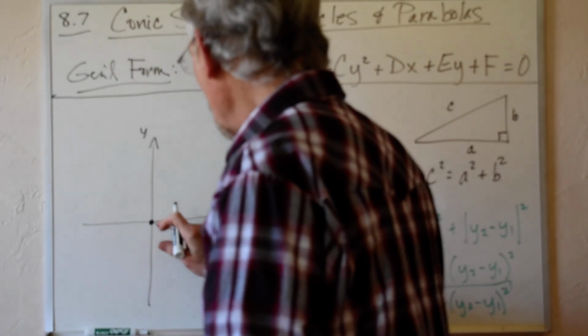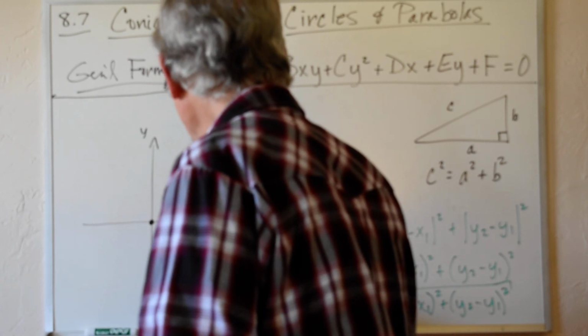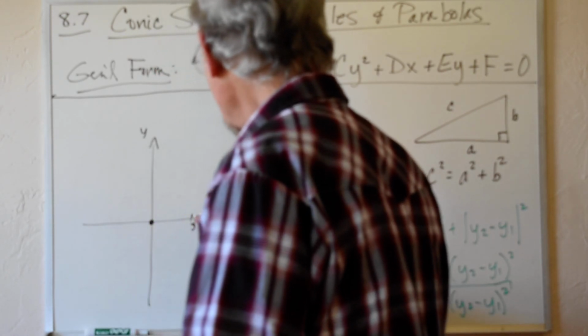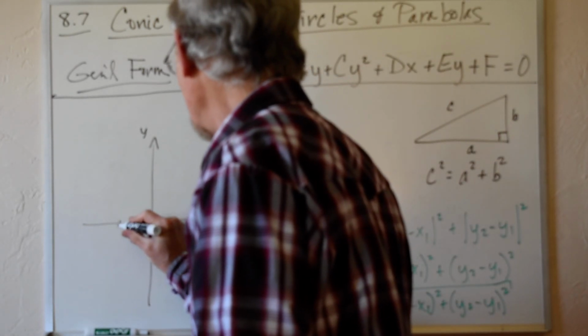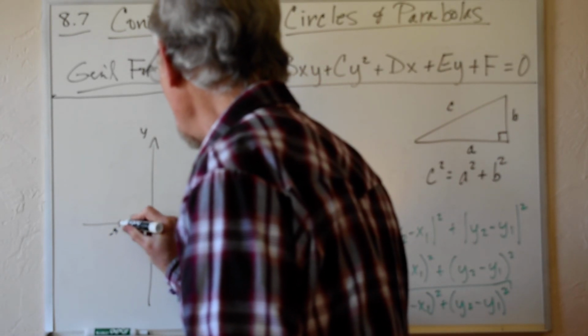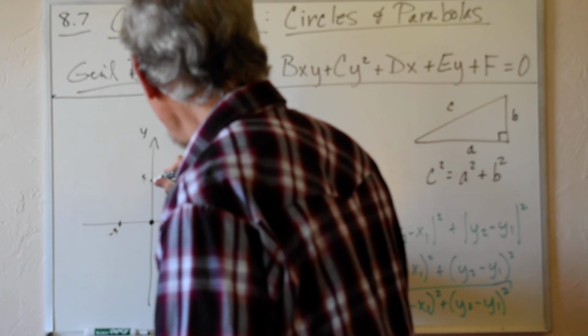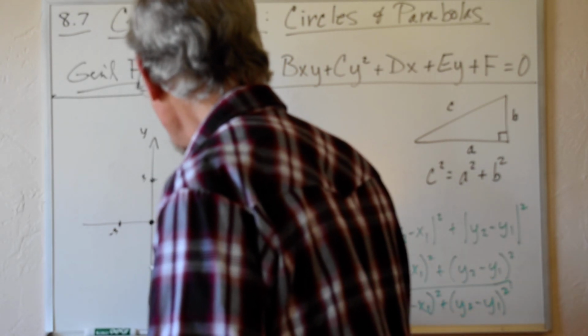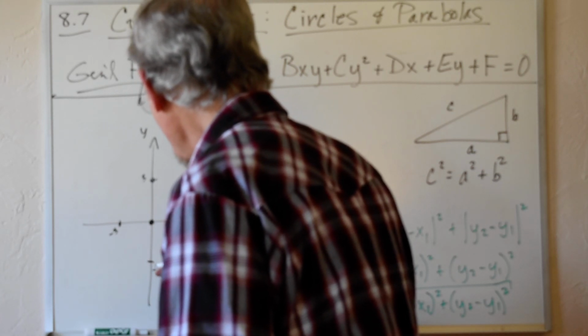And the radius of the circle is 3. So if that's 3, then the circle goes through there. This would be -3, the circle would go through there. Here's 3 on the y-axis, so the circle goes through there, and -3 on the y-axis.